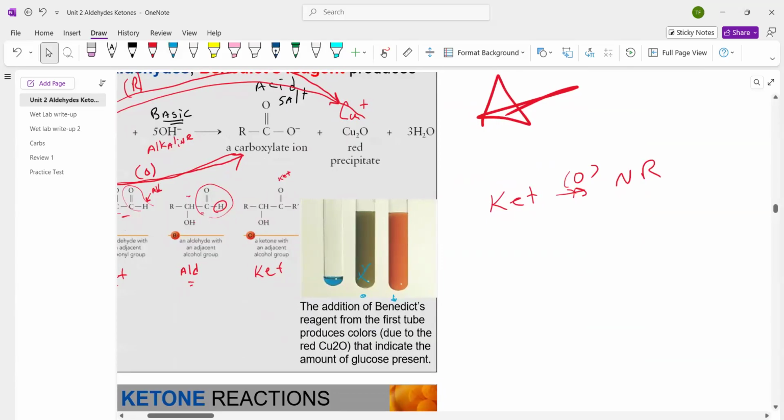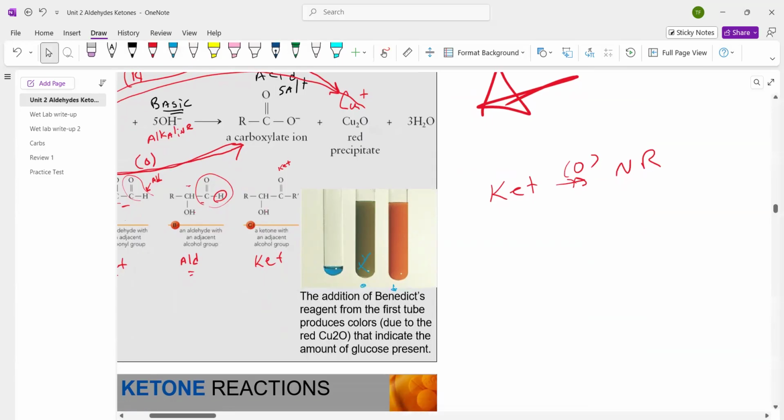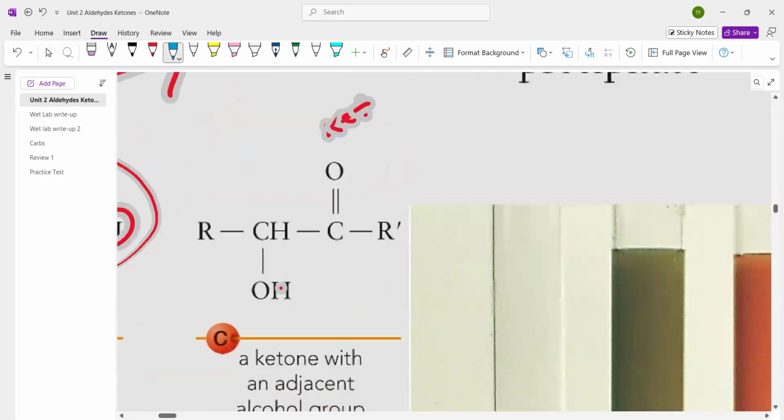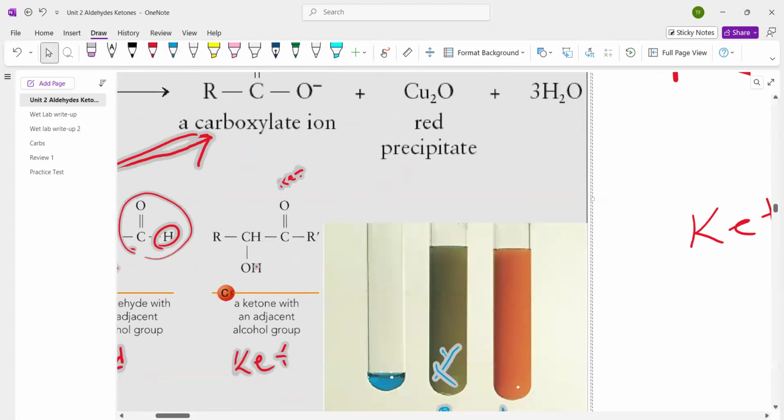Now, there's one exception to the ketones, and that's if you have an adjacent OH group next to the carbonyl. This will give a positive reaction. That's the only exception.